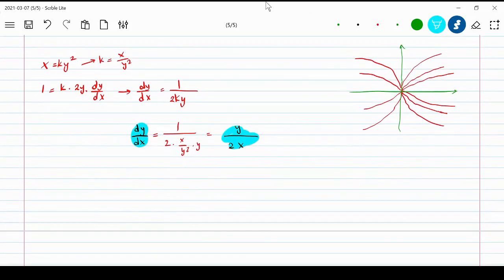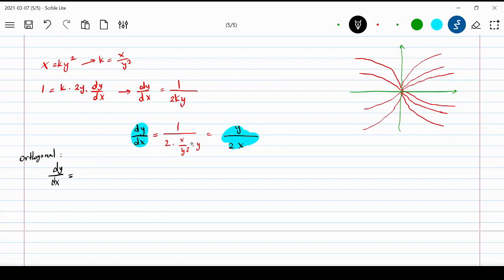And what do we know about the orthogonal curve? We know the orthogonal curve has to have a slope dy over dx, this is for the orthogonal curve, that must be negative 1 divided by the given slope.